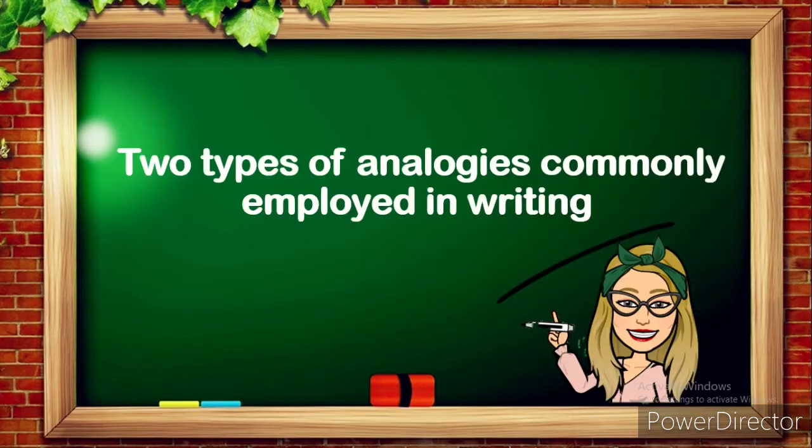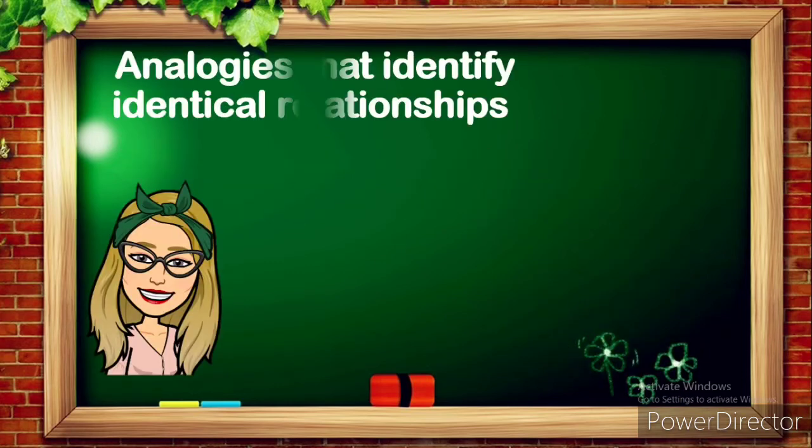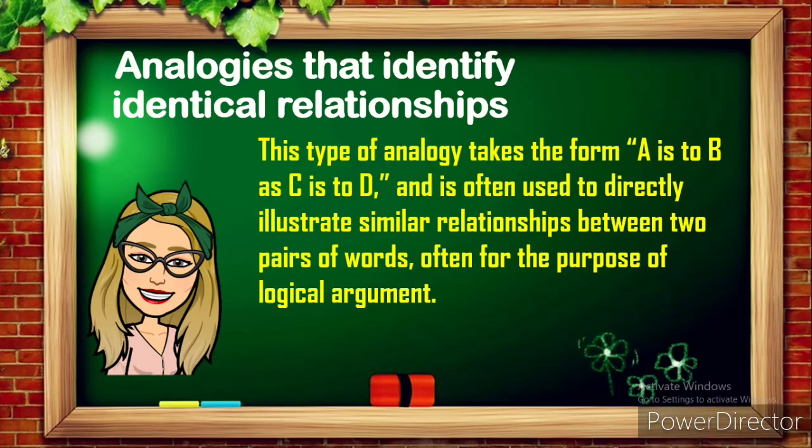Generally, there are two types of analogies commonly employed in writing. Let us have number 1. Analogies that identify identical relationships. This type of analogy takes the form A is to B as C is to D and is often used to directly illustrate similar relationships between two pairs of words, often for the purpose of logical argument.